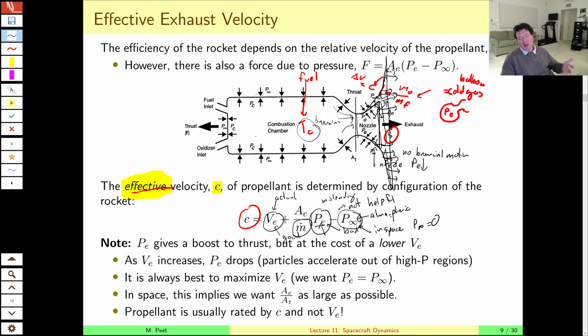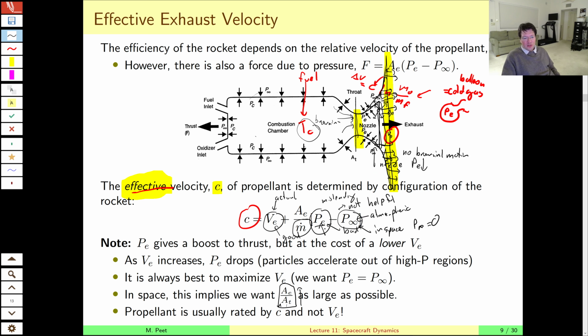So really when we talk about space rockets, a general rule of thumb is we want the ratio of the exit area to the throat area to be as large as possible, because the larger it is, the more time that the particles have to push, and the more organized they become.